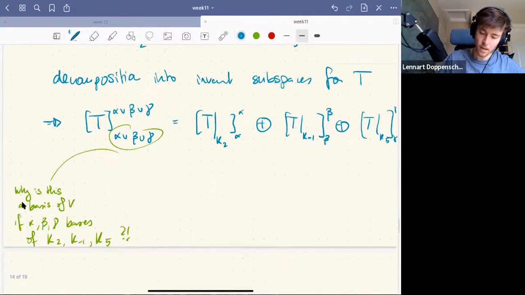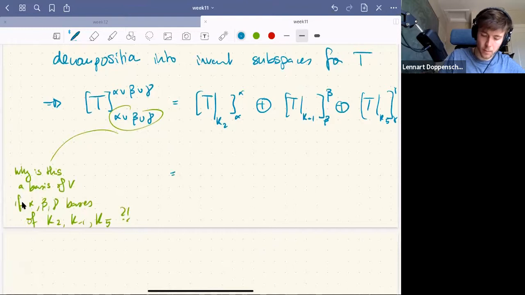So this means now we can just put these building blocks together.